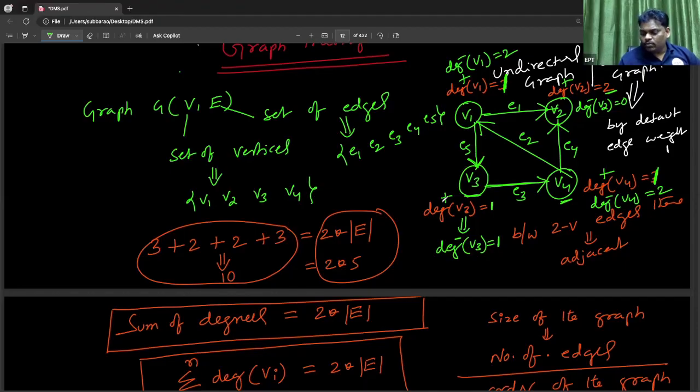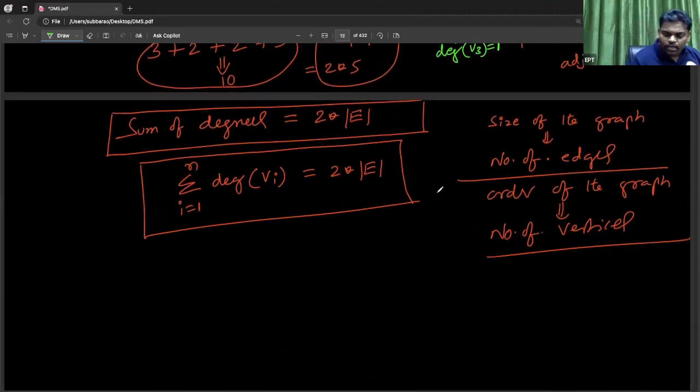Now observe clearly. Sum of in-degrees: how much can you count?